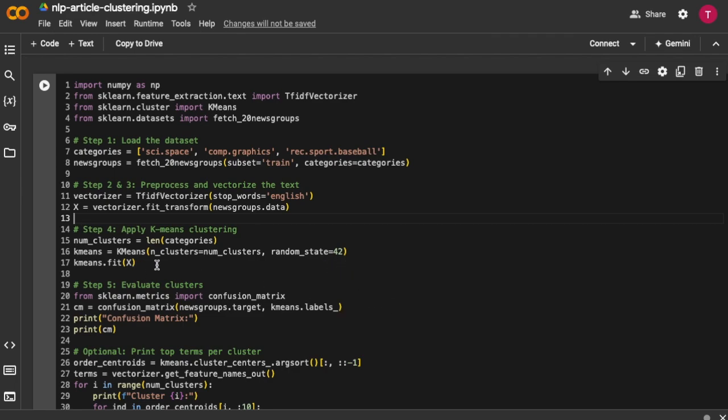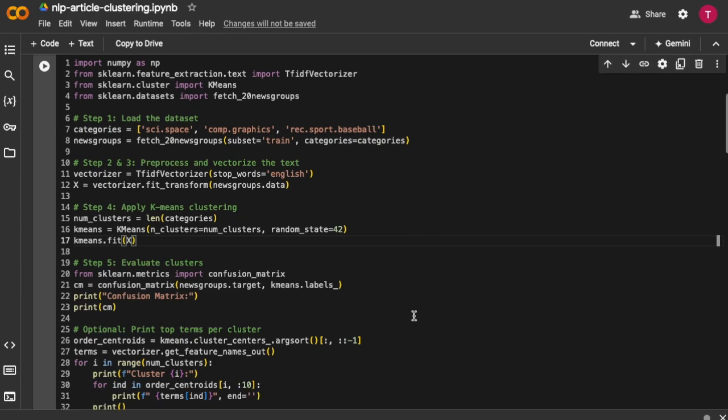When I call fit on this k-means clustering algorithm and send it as an argument my vectorized input data, that is going to run the clustering algorithm and cluster my articles.